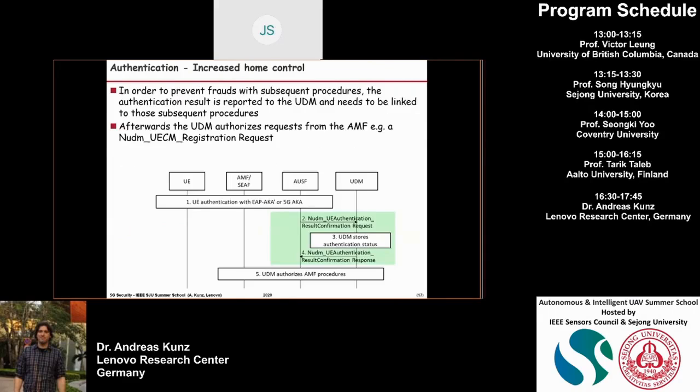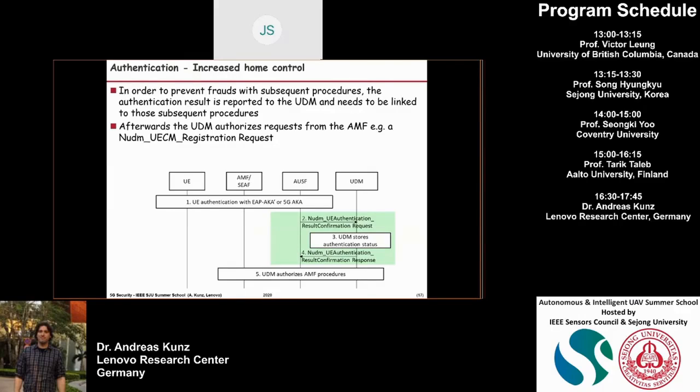So the increased home control is some indication to the UDM basically, because the UDM should know whether the primary authentication, if it's 5G AKA or EAP AKA prime, was successful.